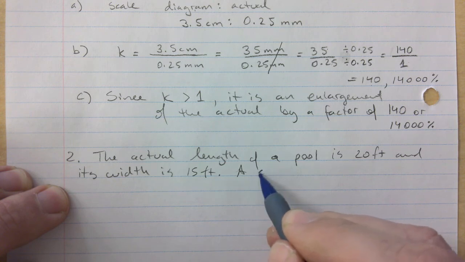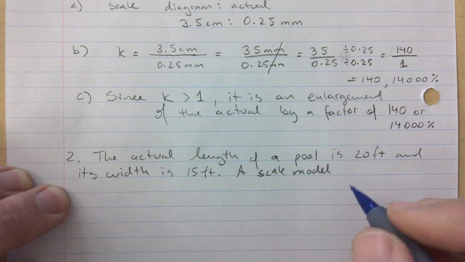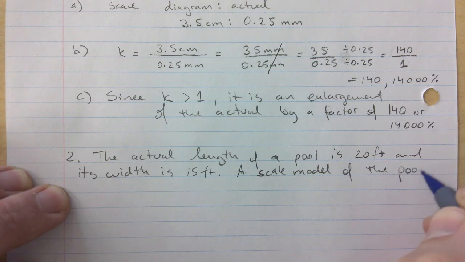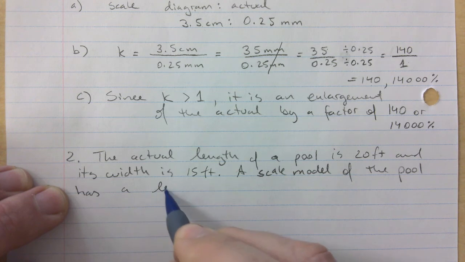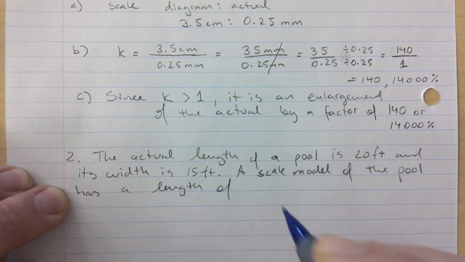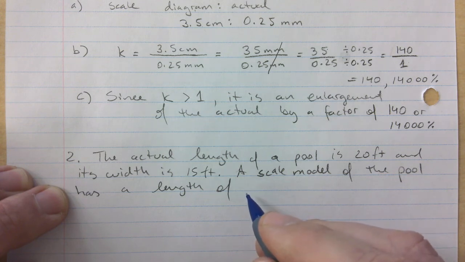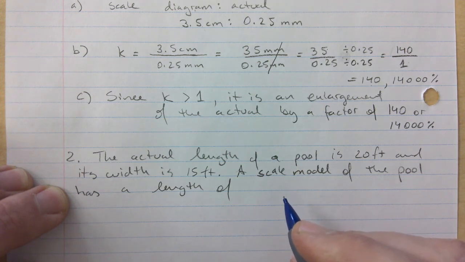A scale model of the pool has a length of 30 inches. Is it 30 or 36? I have to read my notes carefully. 30.